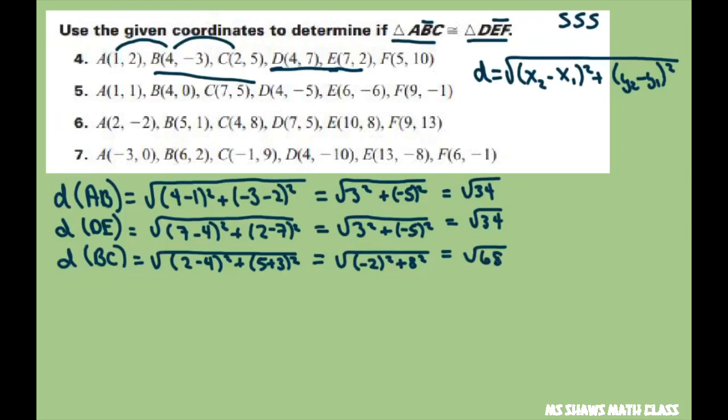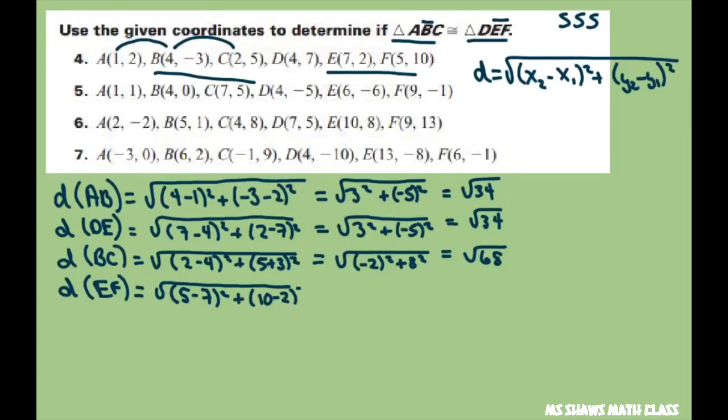Now we're going to try EF. So the distance of EF equals the square root of 5 minus 7 squared plus 10 minus 2 squared, and that gives you the square root of, again, negative 2 squared plus 8 squared, which gives you, again, square root of 68.